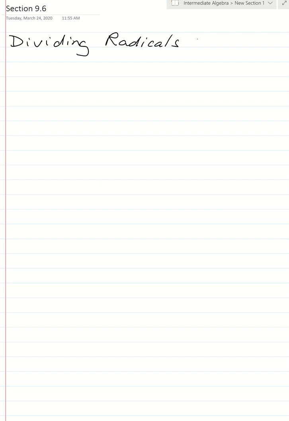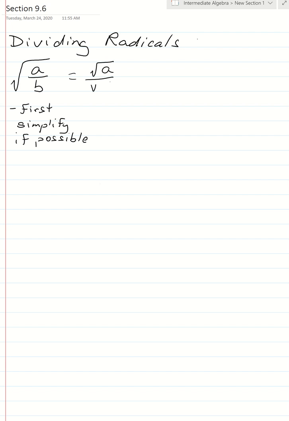So you may recall the property that I had given you is that if we have the square root of a over b, first look to simplify, of course. First we want to simplify the fraction if possible. And then after you simplify the fraction, the square root of a divided by b is going to in fact equal the square root of a over the square root of b.